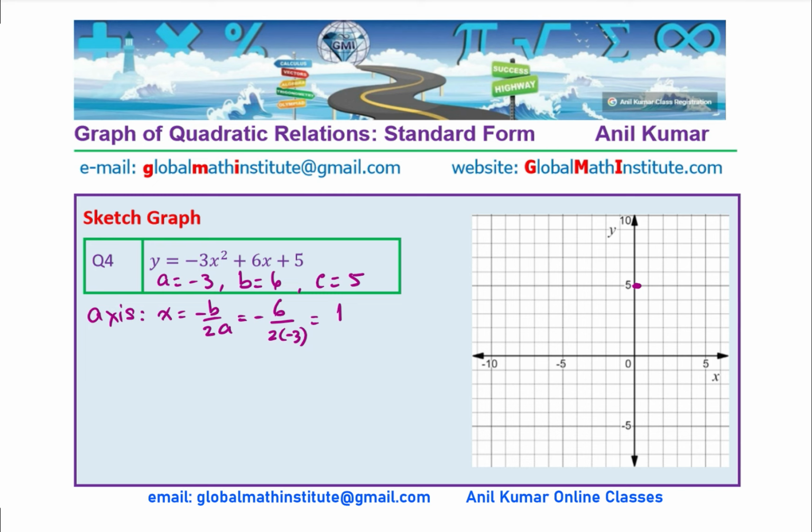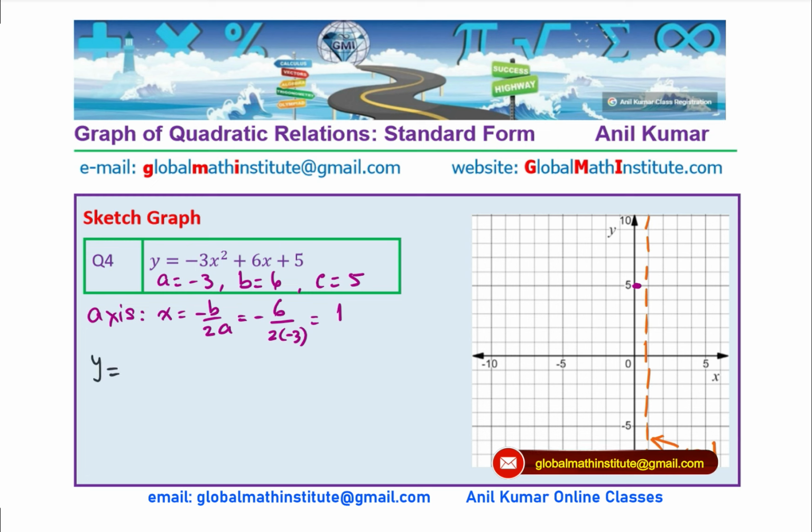So we got the axis x equals to 1. So let's draw this. So that is x equals to 1, which is the axis. Let's find the y value.